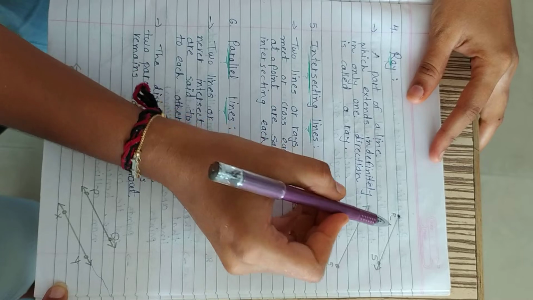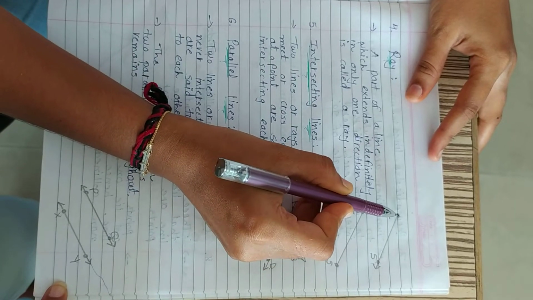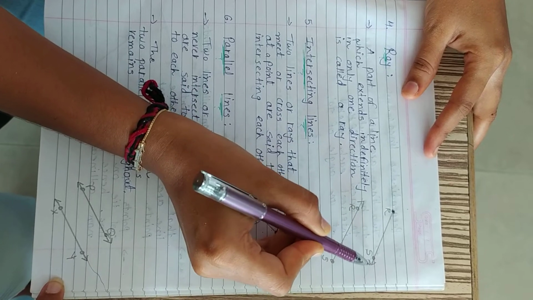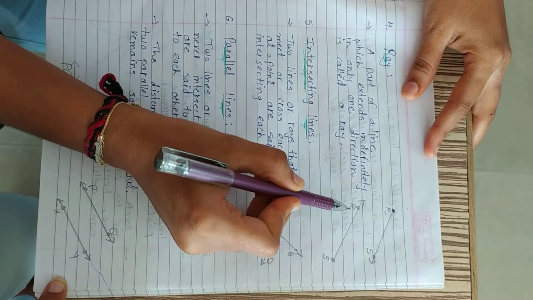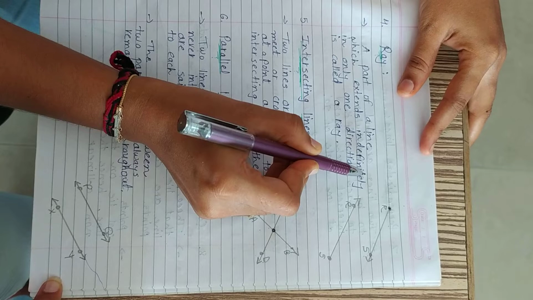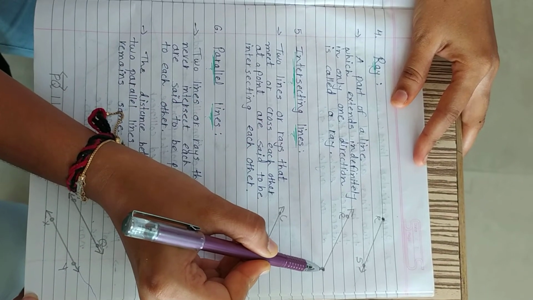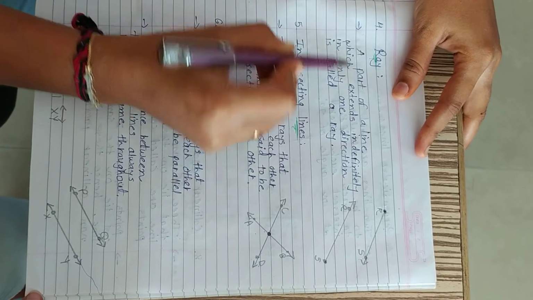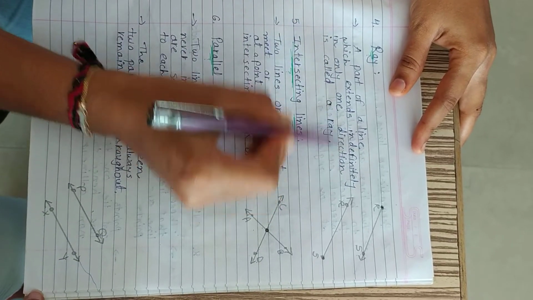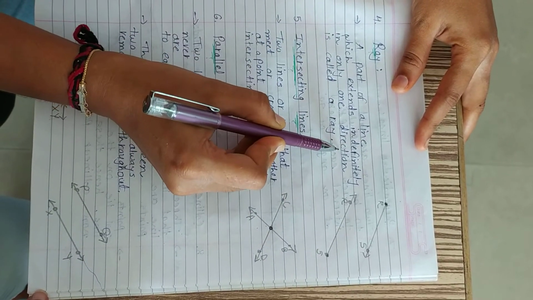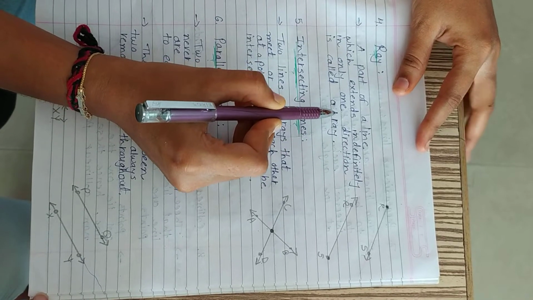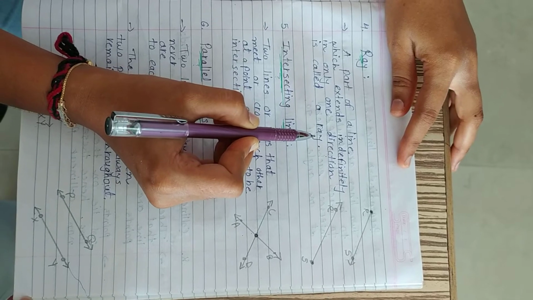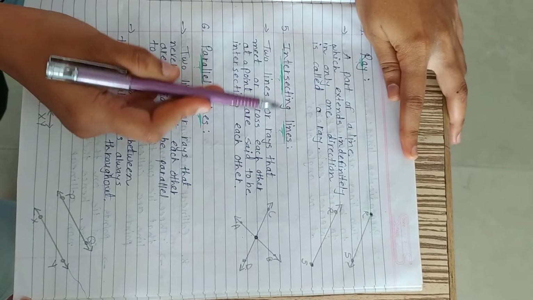So in a ray there will be a starting point, and from this direction we can extend. So this one is a ray, a part of a line which extends indefinitely in only one direction. We can extend from one direction only, then it is called a ray. Understood?